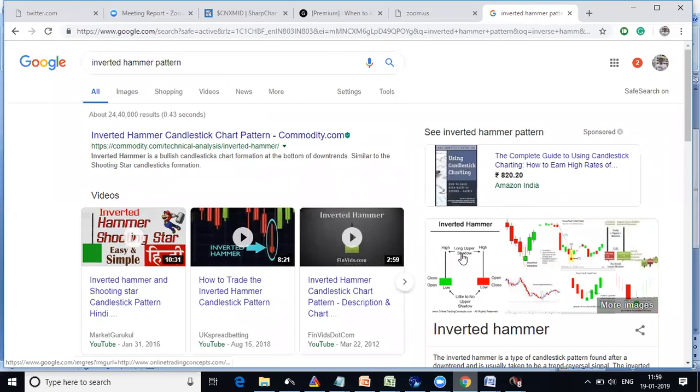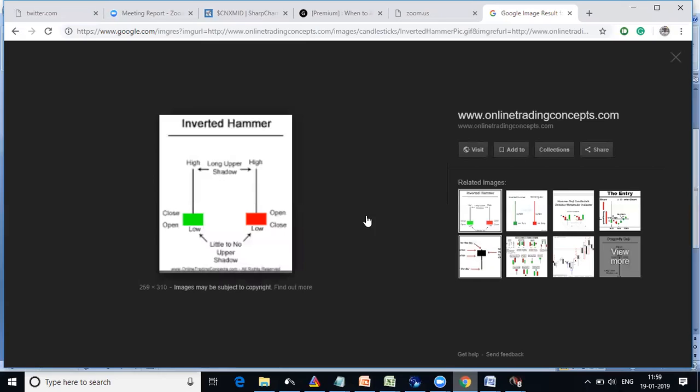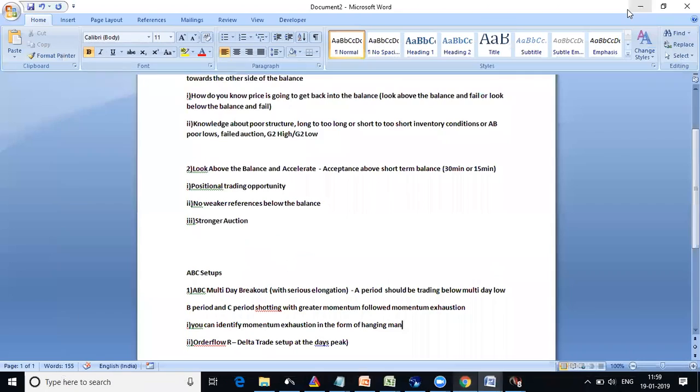Okay, I'm talking about something like this kind of elongation. It comes at that 5-minute high or 3-minute high. If you're watching, you'll see an inverted hammer over there. And if you look from order flow at the day high, you'll be getting R delta signals over there. So it's not a hanging man, it is an inverted hammer setup.